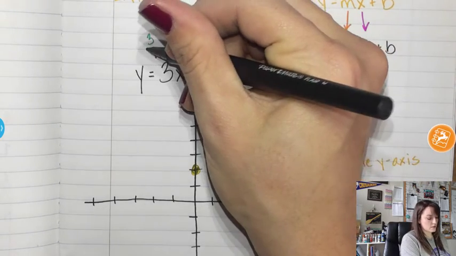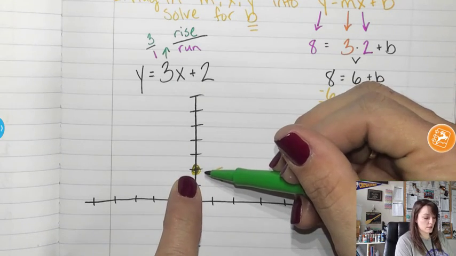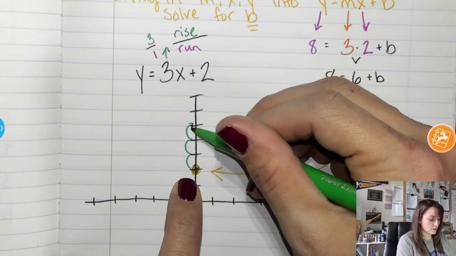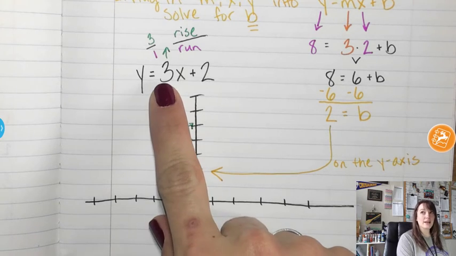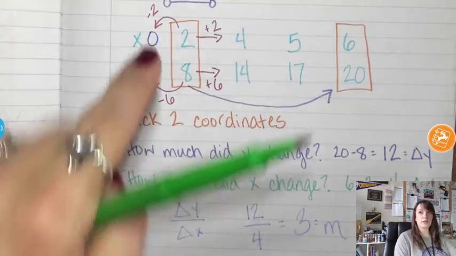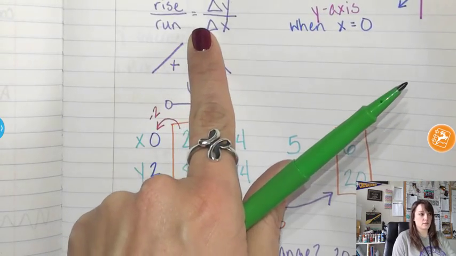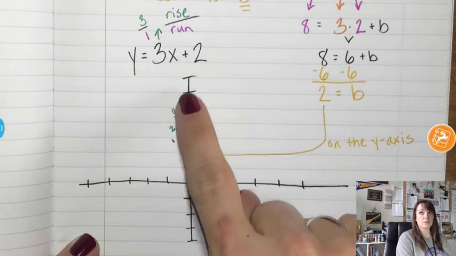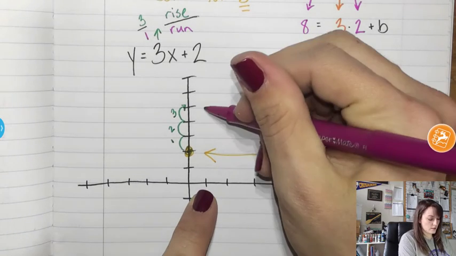Rise 3, run 1. So I'm starting here at 2, and I'm going to go up 1, 2, 3. And since this is a positive number, according to Slope Guy, positive slopes go up to the right. So since this is a positive number, I need it to go up to the right. So I'm going to run 1 to here.